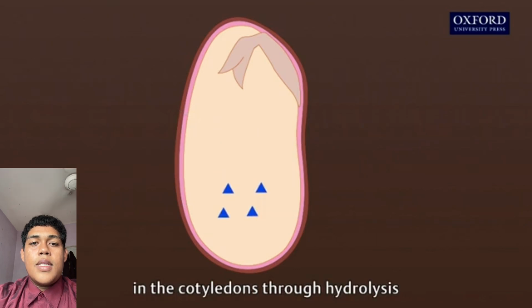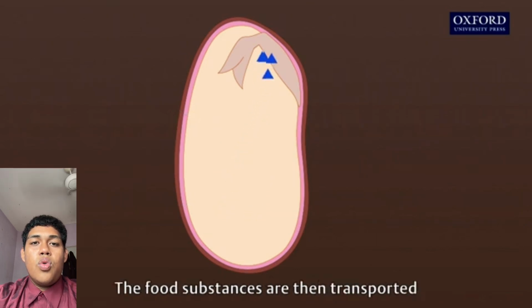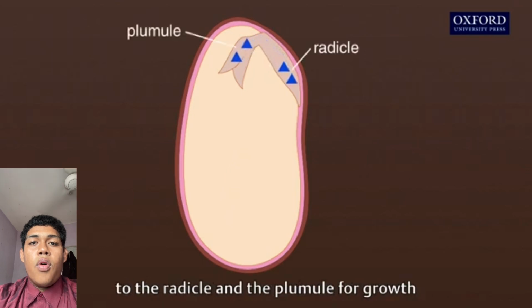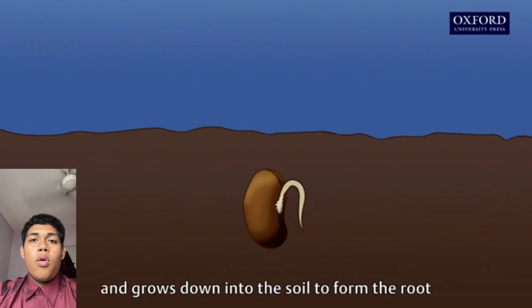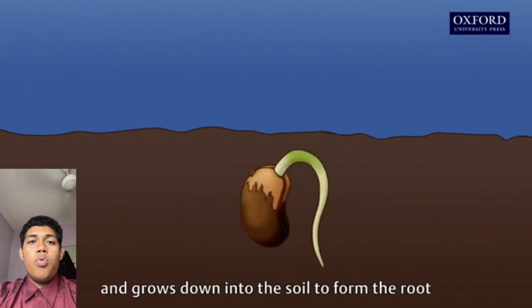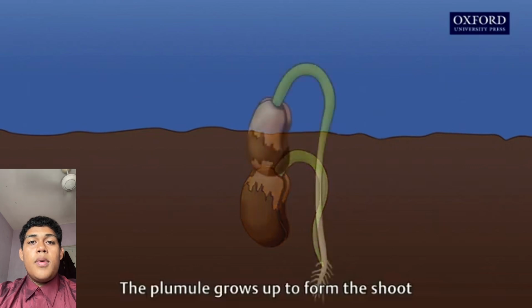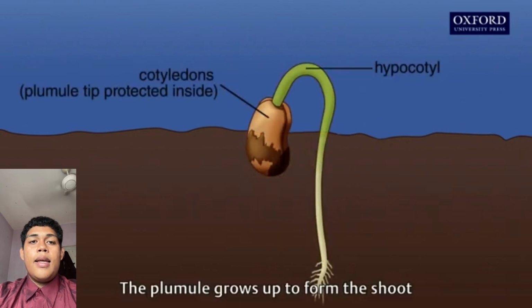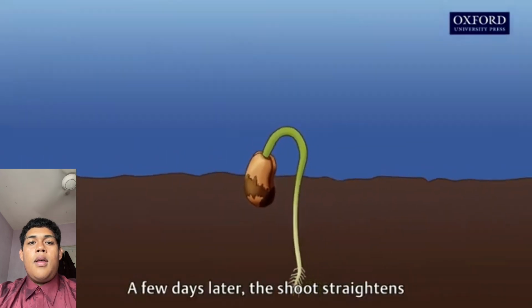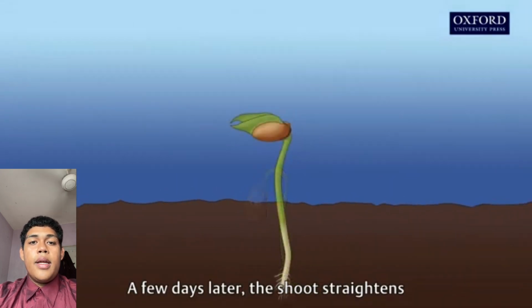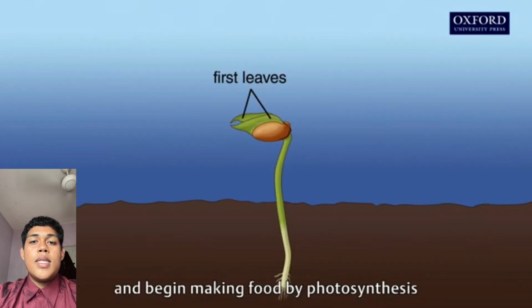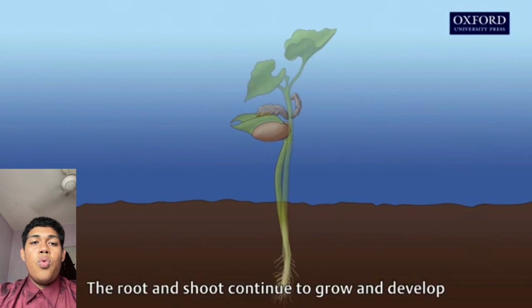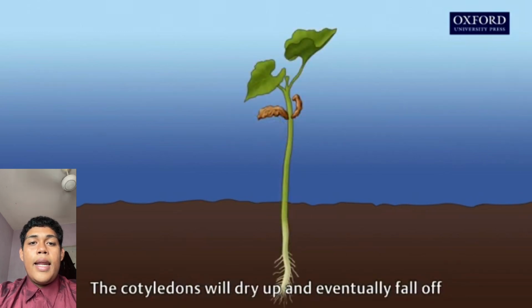The food substances are then transported to radicle and plumule for growth. The radicle soon emerges from the seed and grows down into the soil to form the root. The plumules grow up to form the shoot, and hypocotyl lift the cotyledon up above the soils. A few days later, true shoots straighten, the first leaf sprout and begin making food by photosynthesis. The root and shoot continue to grow and develop. The cotyledons will dry up and eventually fall off.